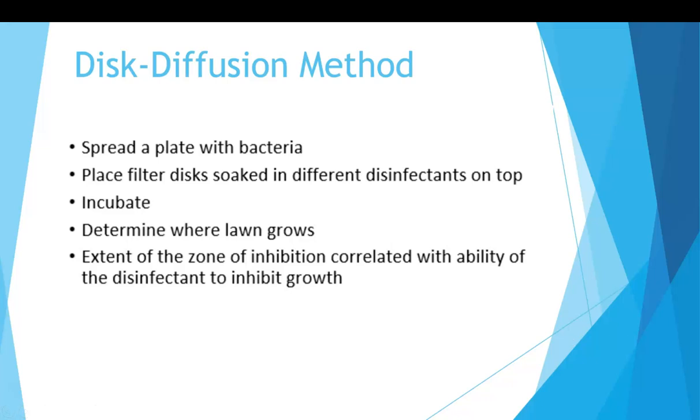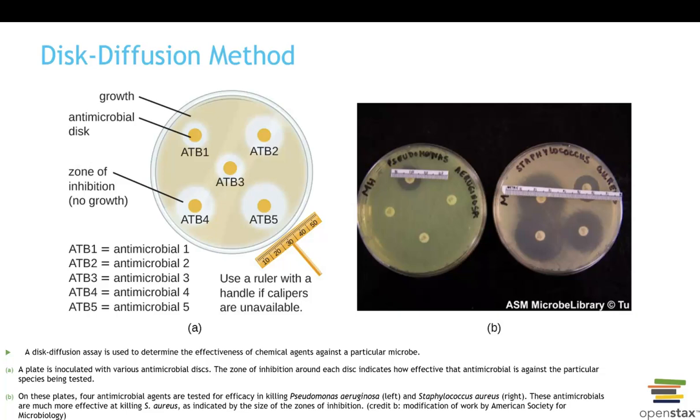We spread the bacteria on a plate, so we make a lawn of bacteria, and then we place filter discs that are soaked in different disinfectant materials onto that bacterial culture. Then we incubate it, usually 24 to 48 hours, and we see the inhibition zone, which is related to the ability of that disinfectant to inhibit the growth of the bacteria.